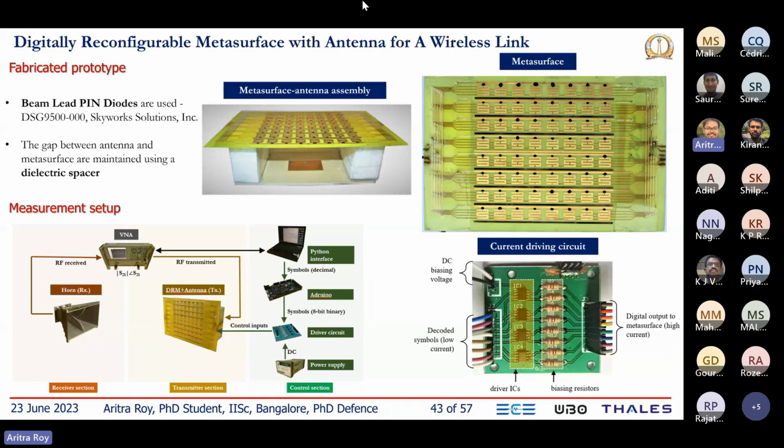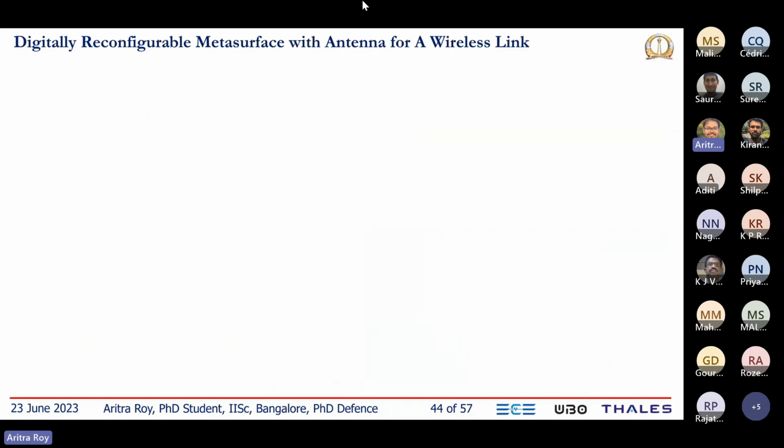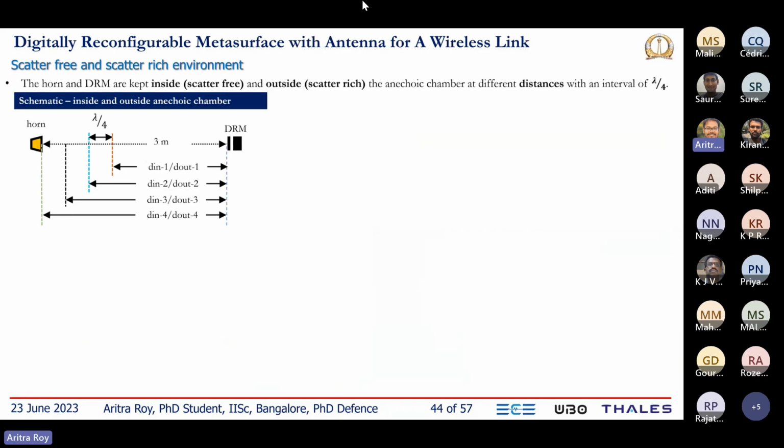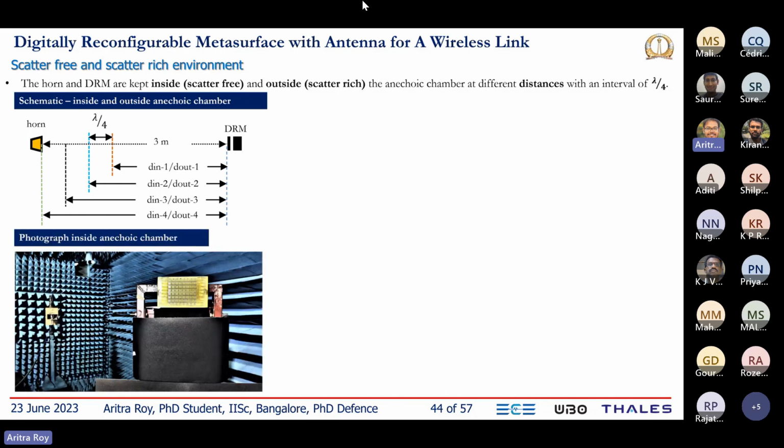Once the hardware was prepared, we started doing experiments. The purpose of our experiment was to investigate the effect of scattering. In the first set of experiments, we did a comparison between a scatter-free and a scattering environment. We all know that a scatter-free environment is typically inside an anechoic chamber.